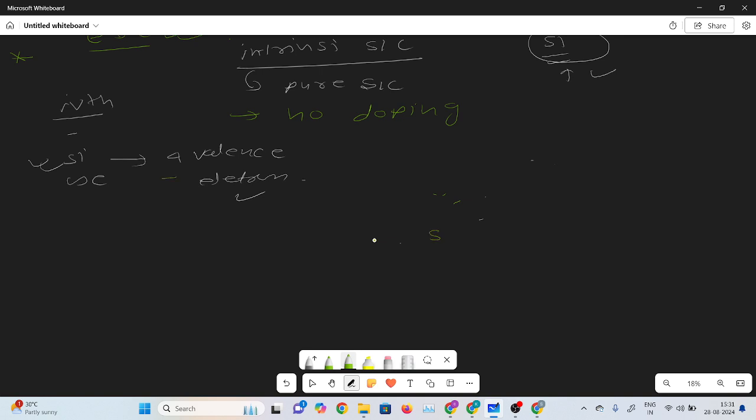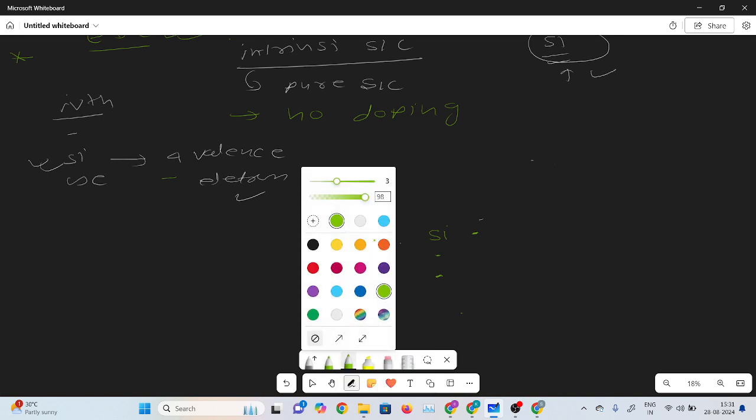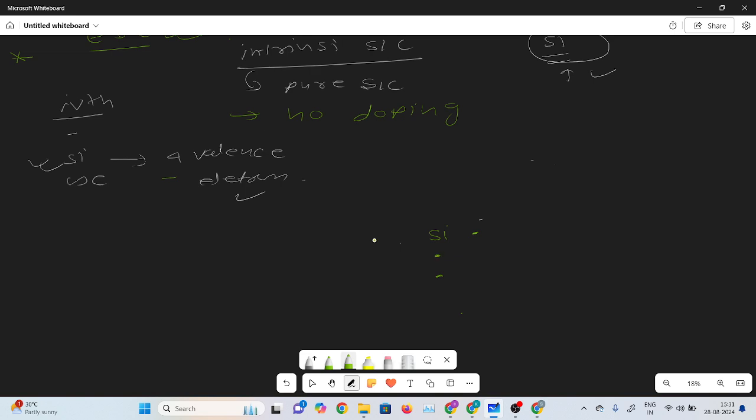Just as an example, inside the lattice there are so many silicon atoms. I am taking one smallest section. The silicon has four valence electrons: this is the one electron, the two electron, the three electron, and the four electron.